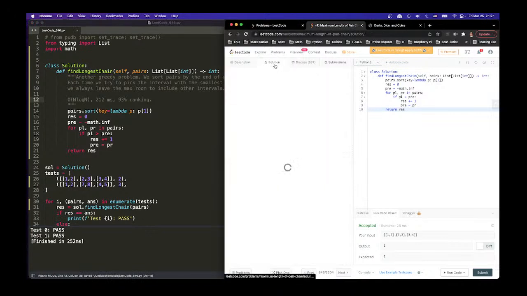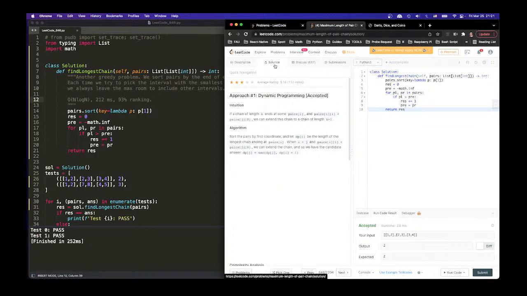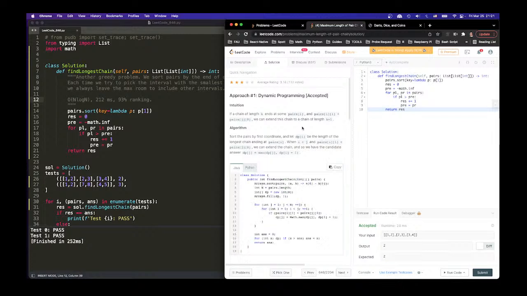Okay, solution. Dynamic programming. Okay, if K ends as some pair, and pair I is smaller than pair J, hold on.